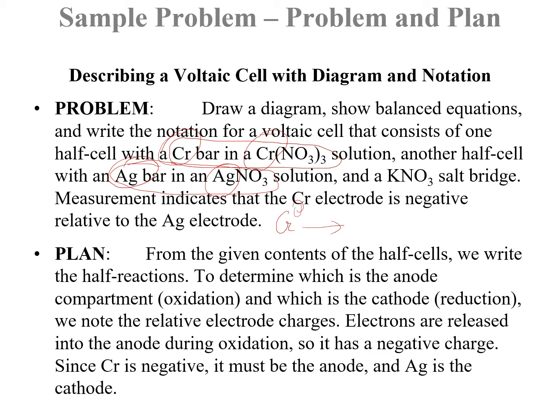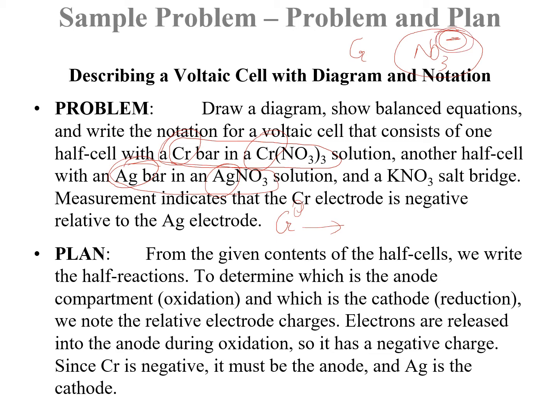What you can do when you see nitrate is recall that it's a polyatomic ion, and it should always be NO3 minus. So each of these carries a -1 charge.